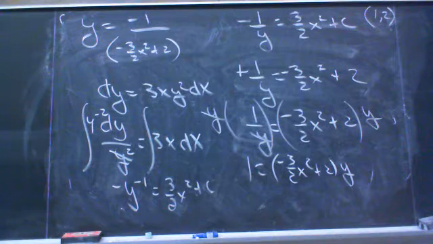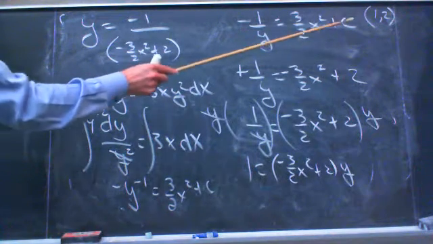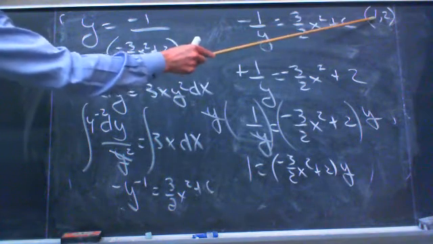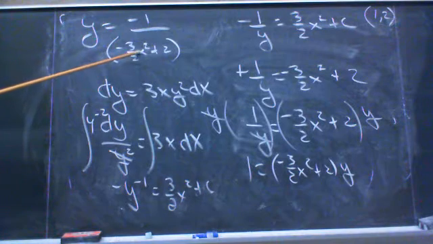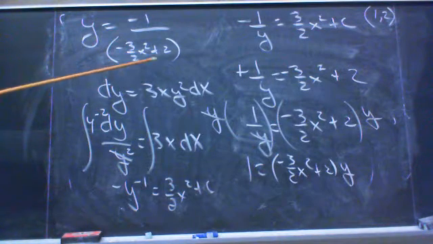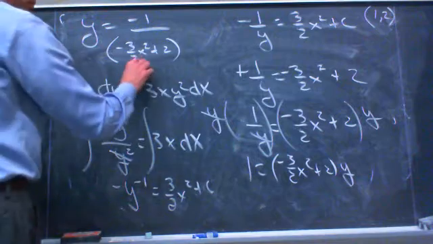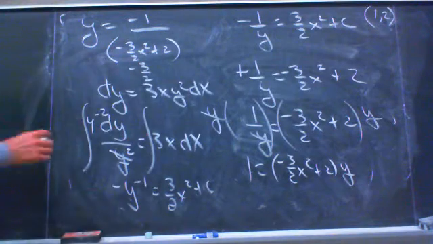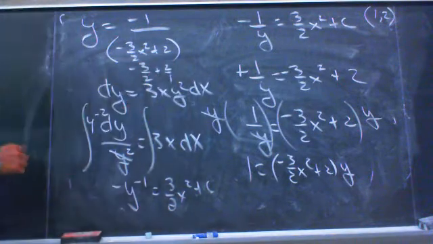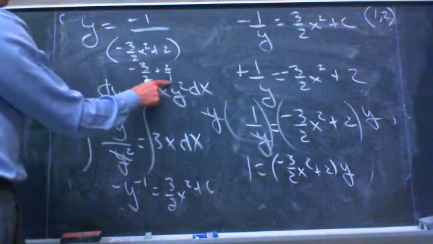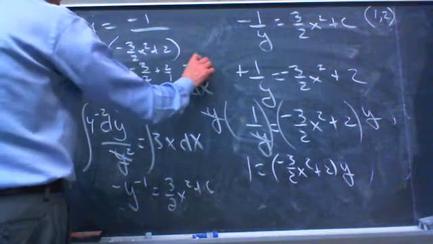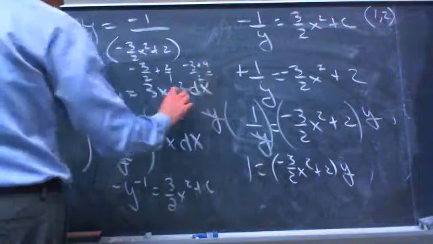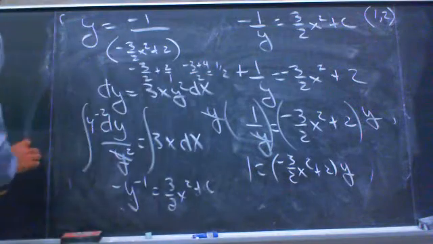And remember, we can always check to see if we're correct. So if x is 1, we should get out 2. So this is now negative 3/2, correct? Plus 2 over 1. So that is going to be negative 3 plus 4 over 2, which is 1/2.